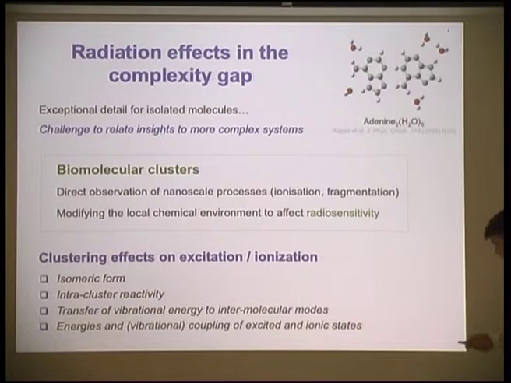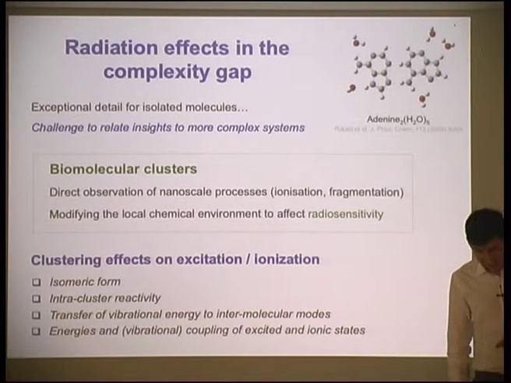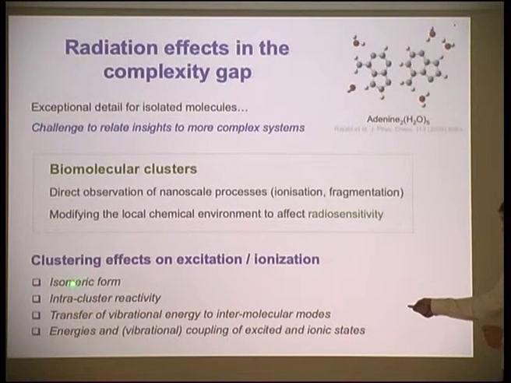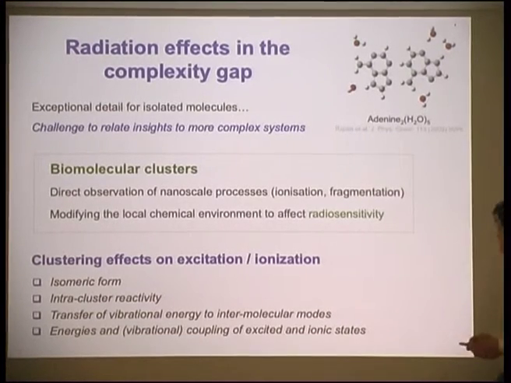So how can clustering affect excitation and ionization? Well, first of all, when you look at molecules in the gas phase, the dominant isomeric form of the molecule, or there may be more than one dominant form, is not necessarily going to be the same as in the condensed phase or in clusters. So that can lead to differences. You can also open channels for intra-cluster reactivity, be it radiation-induced or spontaneous.